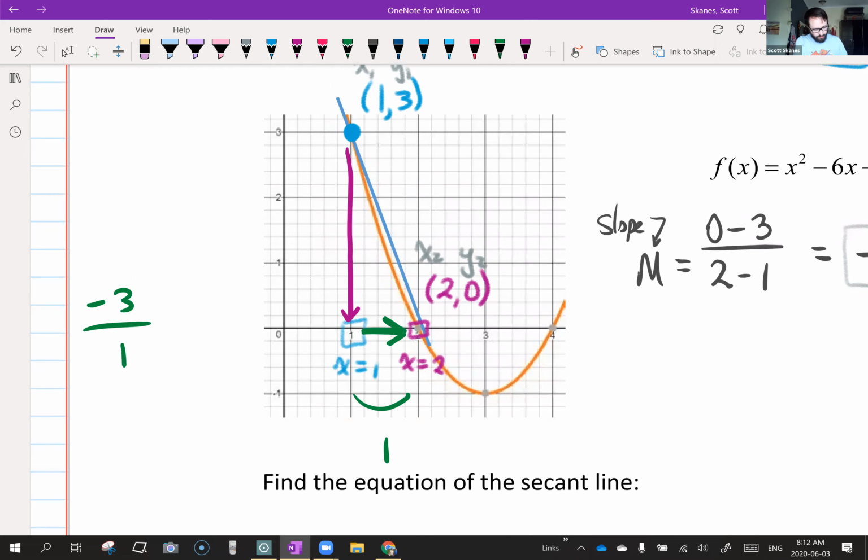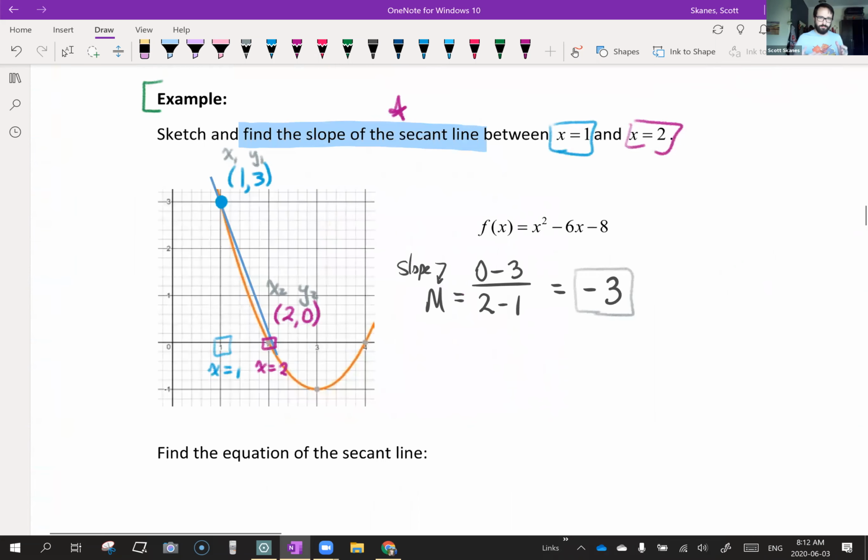Okay, so you can still do rise over run. I'm just showing you different ways to do it. There's no best way. It's just whichever way is easiest for you. Okay, so that's extremely important to be able to get that slope. But once you find the 2 points and use it, it's pretty straightforward. I think you should be okay with slope.